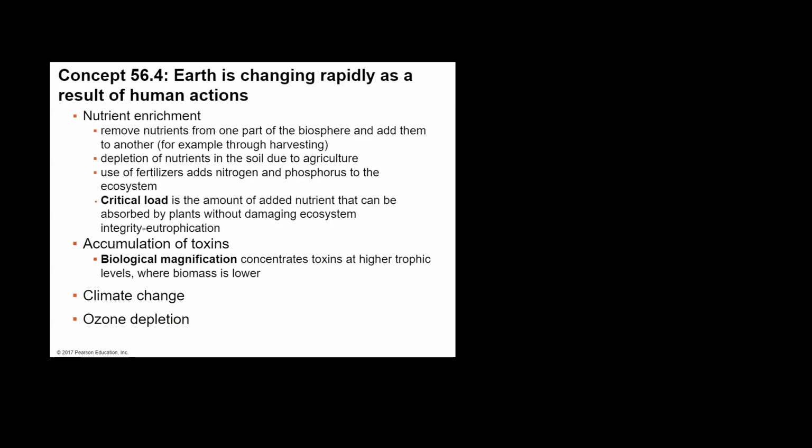Critical load is a term that I want you to understand the definition of. It's the amount of added nutrient that can be absorbed by plants without damaging the ecosystem's integrity.